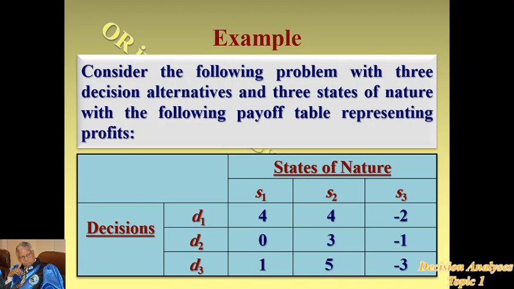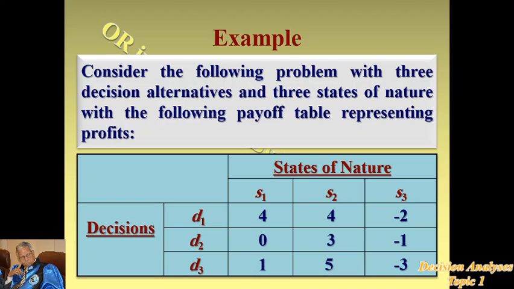To construct the regret table, we subtract each payoff from its column's largest value. Let us try it with the first column: 4, 0, 1. The largest is 4.